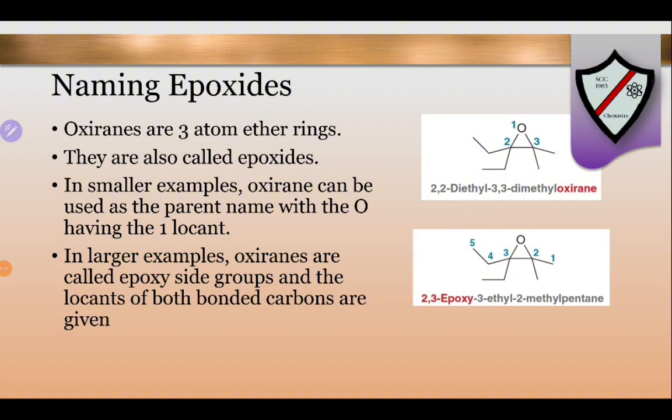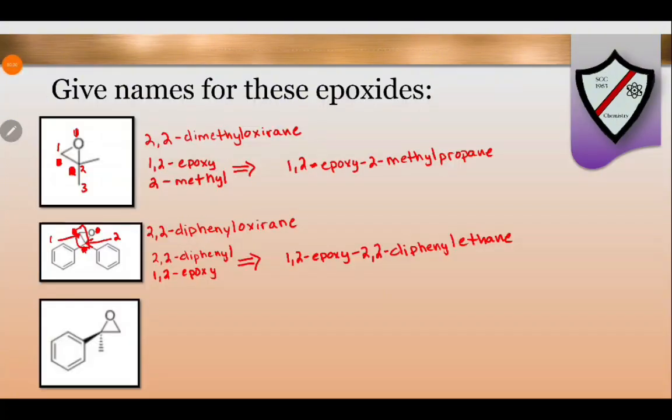We have a pentane, a 5-carbon chain, as the choice for the parent chain, and that puts the legs, if you will, of the epoxy group on number 2 and 3. So we're going to call that 2,3-epoxy. We also have an ethyl group on 3: 2,3-epoxy-3-ethyl-2-methylpentane. We'll see some examples of these on the upcoming slide.